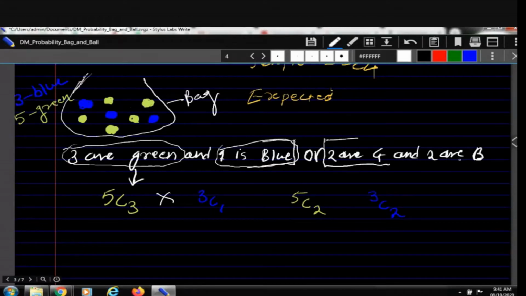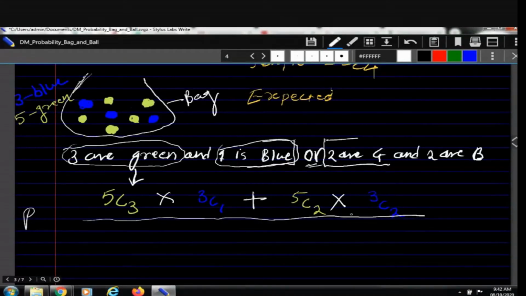Two are green and two are blue: here also between green and blue, you put a multiplication sign. Now these two statements are combined using OR, so you put a plus sign here. And the probability is this whole divided by the sample space, which is 8C4.